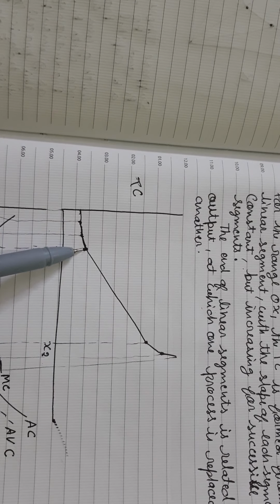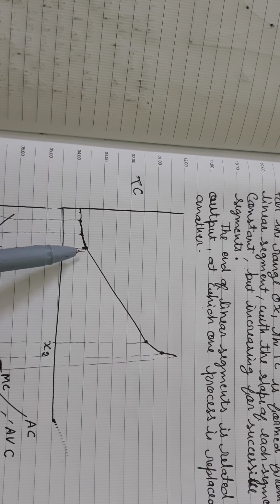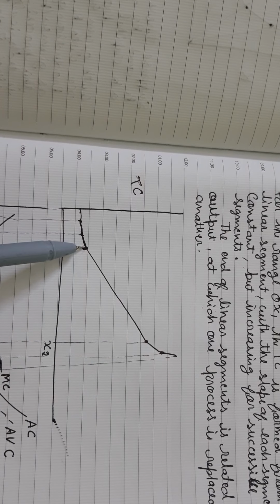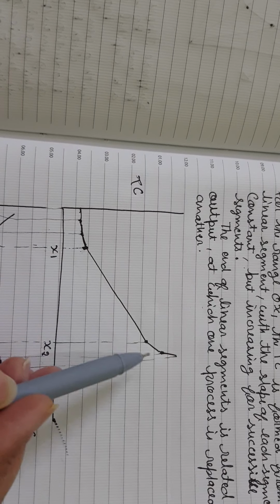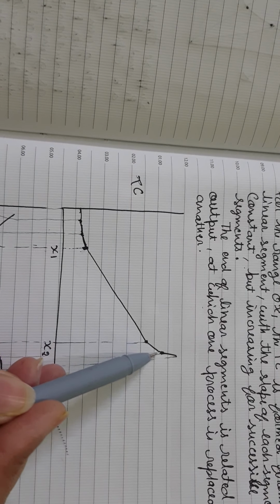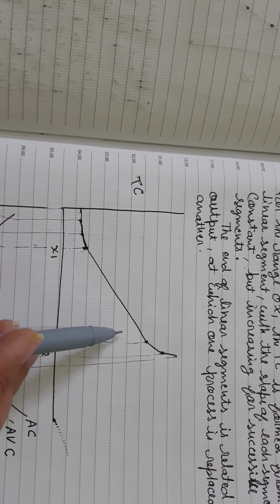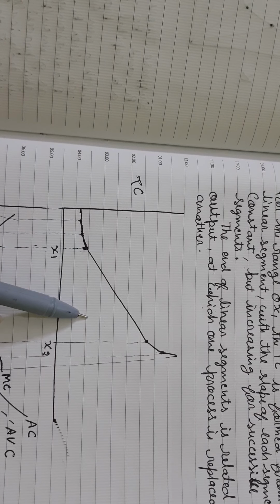Then again it is happening. Then from this point to this point, from x1 to x2, this cost is increasing at a constant rate. It is actually a reserve capacity of this plant. Then after this point, again you can see your total cost is increasing at a higher rate.